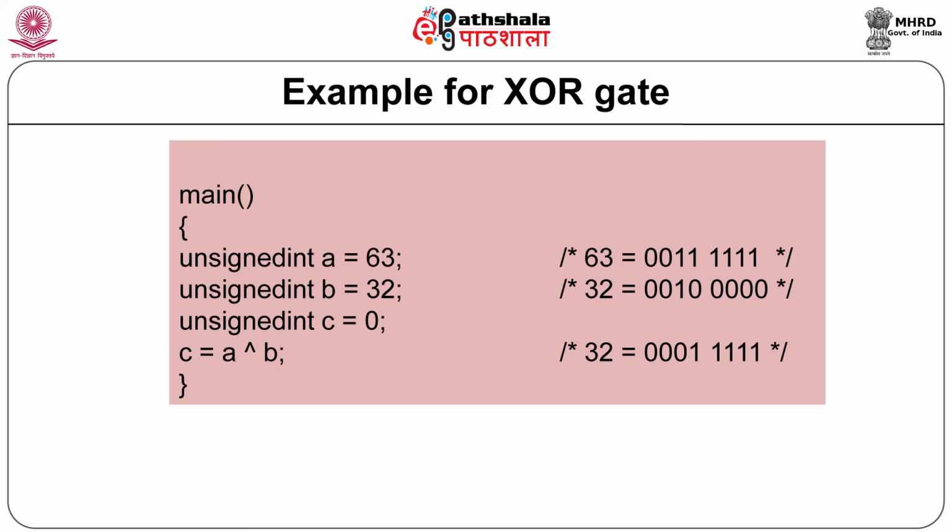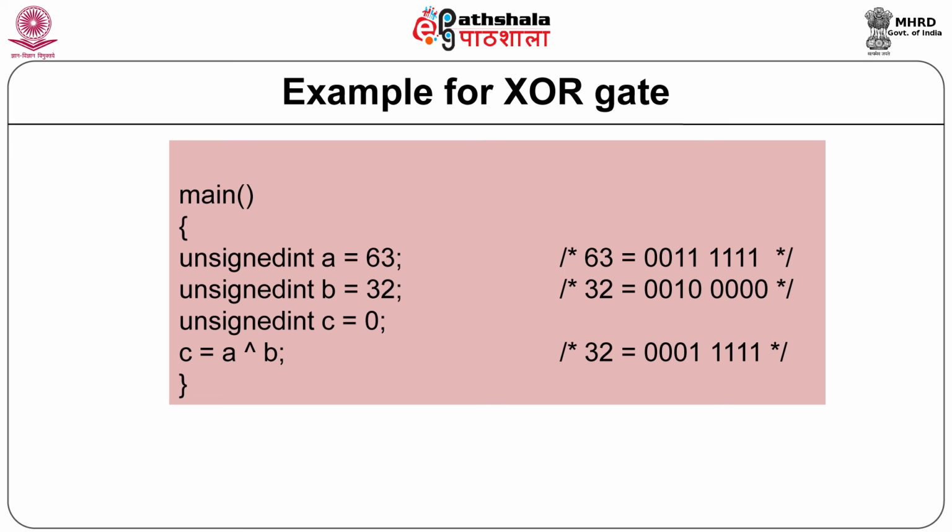You can see here I considered 3 different variables like A, B and C. The A variable is considered as unsigned. The compiler will take the binary equivalent of that 63. So 63 in binary is 0 0 1 1 1 1 1 1.